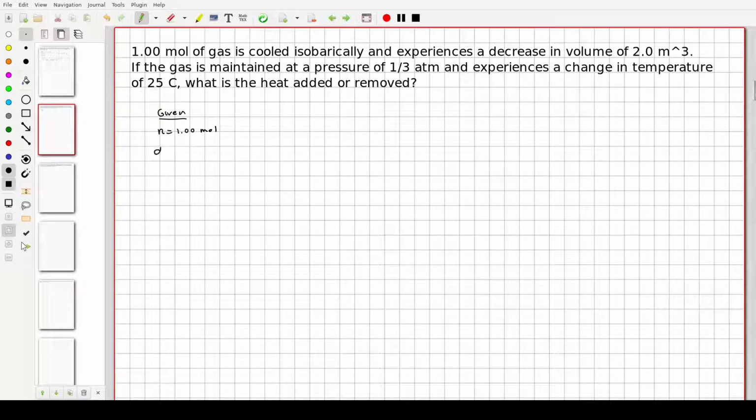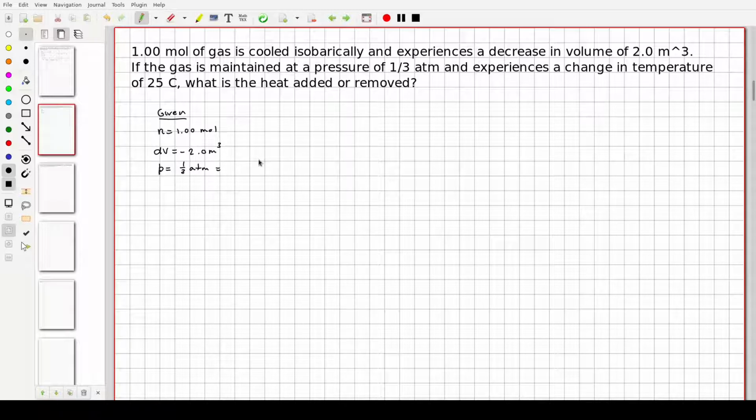We have a change in volume, dV. That's a decrease, so it's negative, of 2.0 cubic meters. Now, the gas itself is maintained at a pressure of 1/3 of an atmosphere. That's 1/3 of 1.01 times 10 to the 5th pascals.